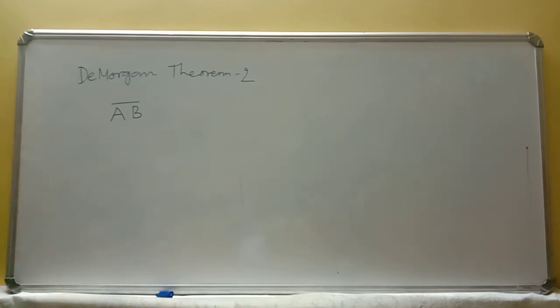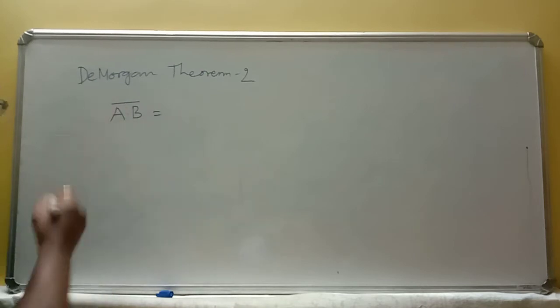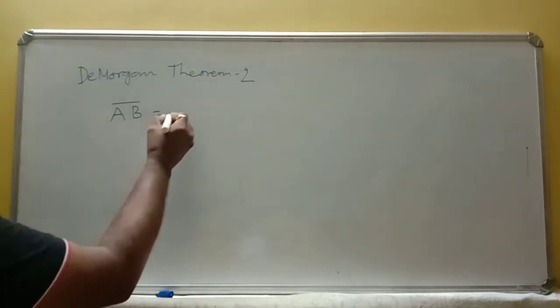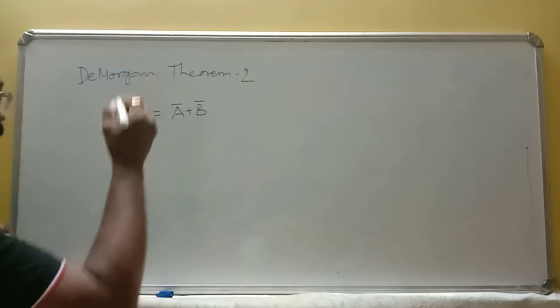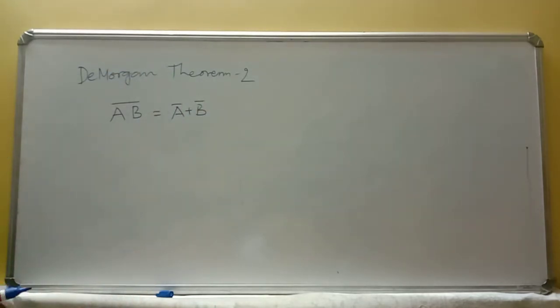A dot B whole bar, that is the complement of A and B, is equal to A bar plus B bar. How can we define this statement?